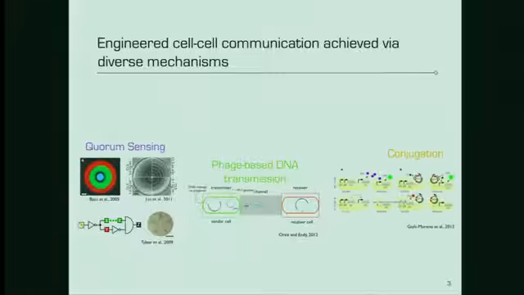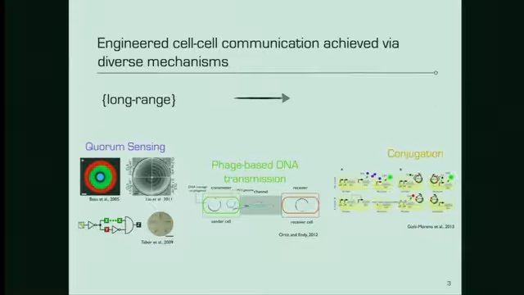Finally, conjugation has also been imagined as a way to transmit user-defined DNA sequences, again between cellular populations via physical contact. This group has recently published computational models to demonstrate the potential power of such a tool, and there are and have been in the past also groups that are currently working on demonstrating the same concepts experimentally.